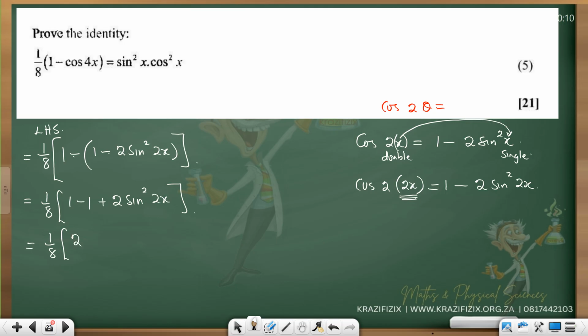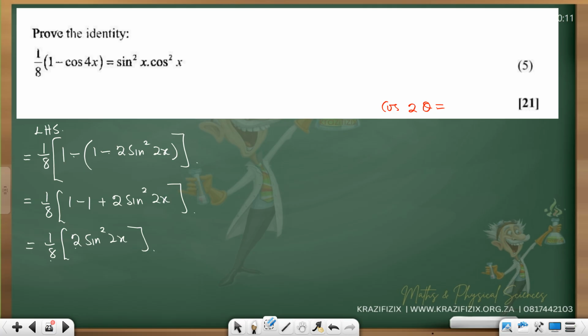Now, let's quickly expand. What is sine 2x? Sine 2x is 2 sine x cos x. You remember that, right? But I have it squared.